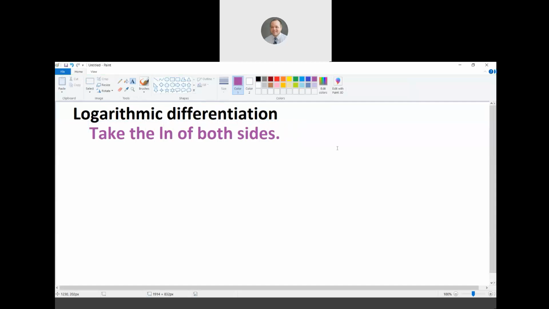So that's what logarithmic differentiation means. The very first step before you use any rules at all, you must take the natural log of both sides.